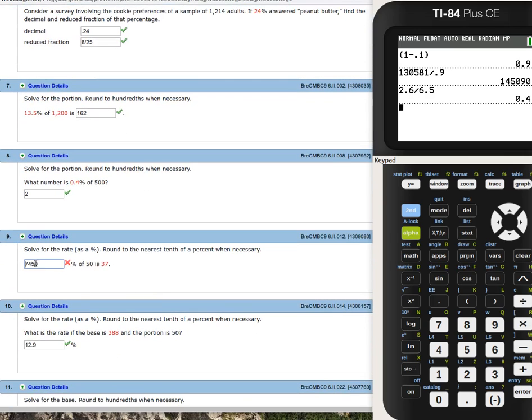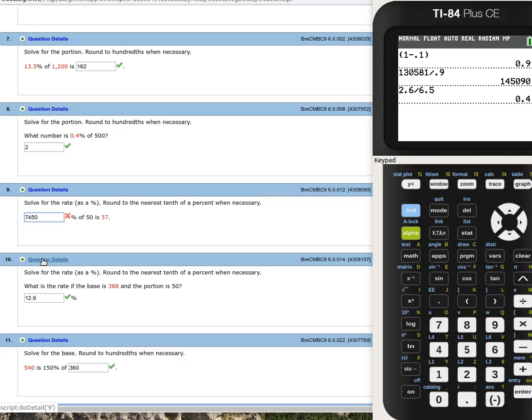Wait, what did I do? This is just a little blooper reel for you guys, but I'm looking at what I did on this problem. Solve for the rate. Oh, I should have had probably a decimal here or something.